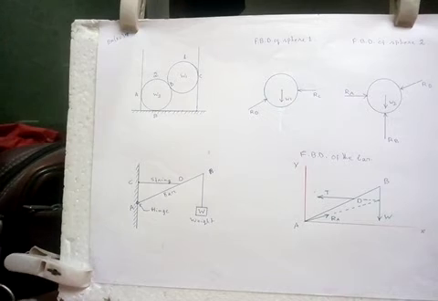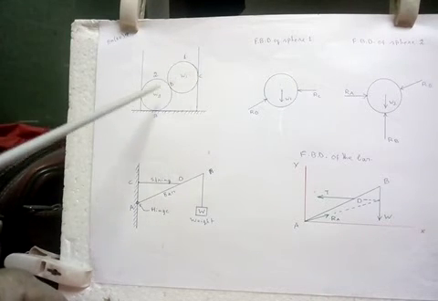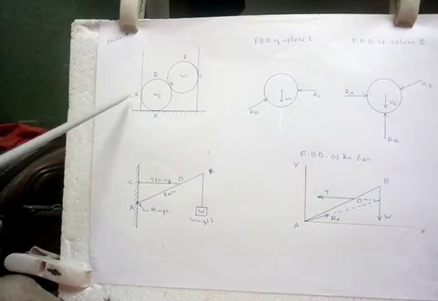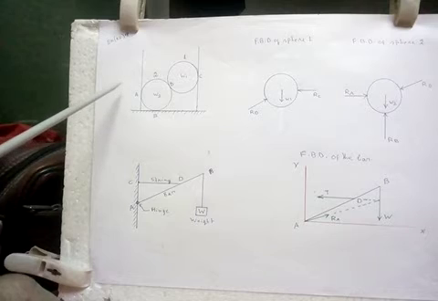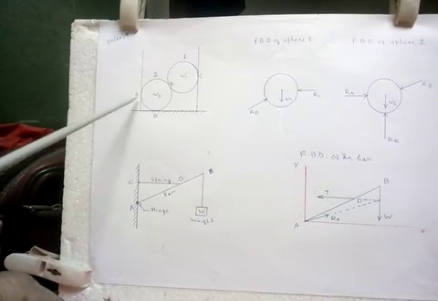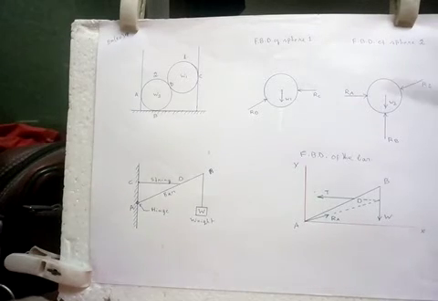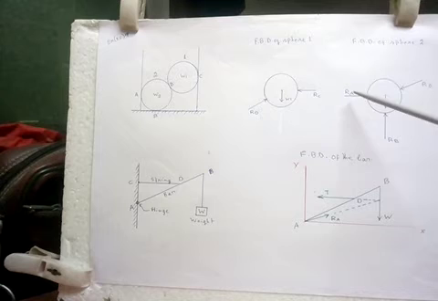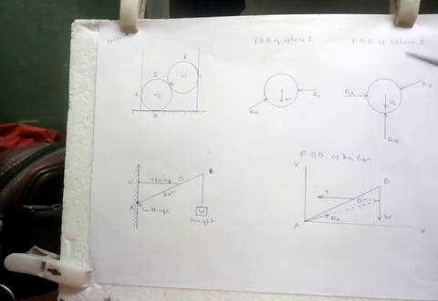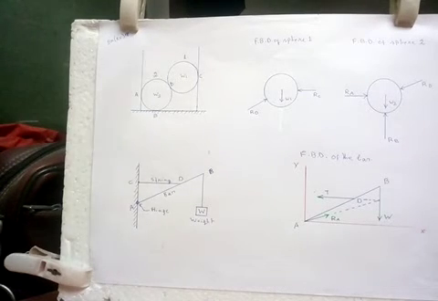And similarly in the case of C, at the point A there is a reactive force which is perpendicular to the tangent at this point, RA. So RA is shown, which is acting horizontally right direction. So these are the free body diagrams of this mechanical system.